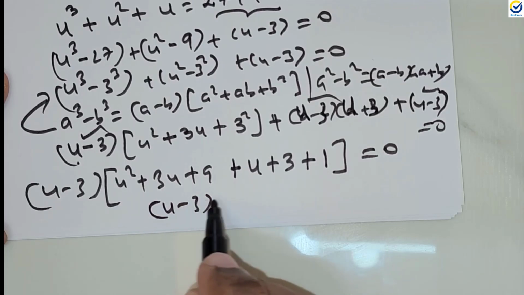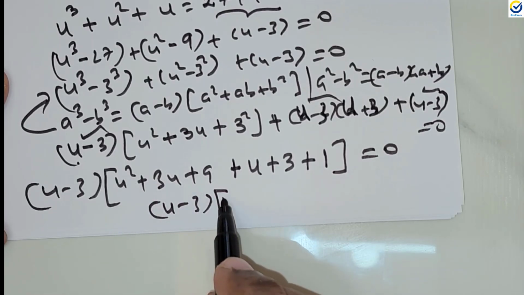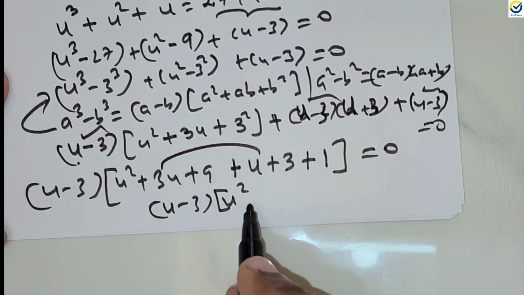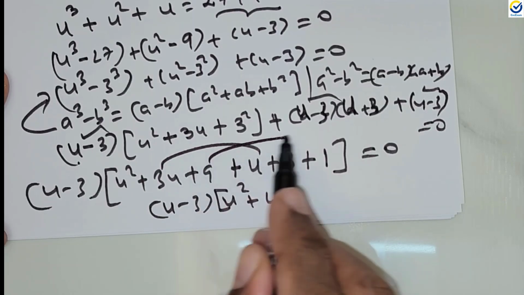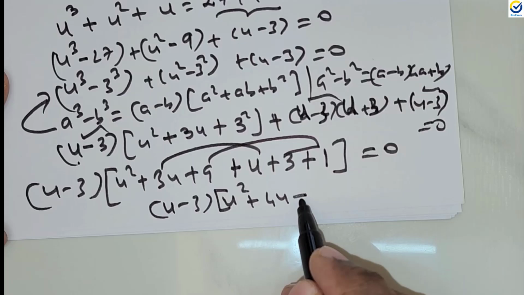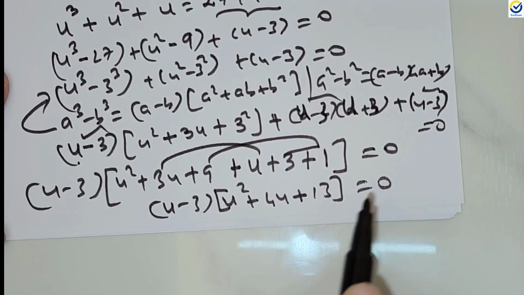So u minus 3 can be taken out. This gives u squared plus 3u plus 9, since 3 squared is 9, plus u plus 3, plus 1, equal to 0. So u minus 3 times u squared, 3u plus u gives 4u, 9 plus 1 is 10, 10 plus 3 gives 13, equal to 0.